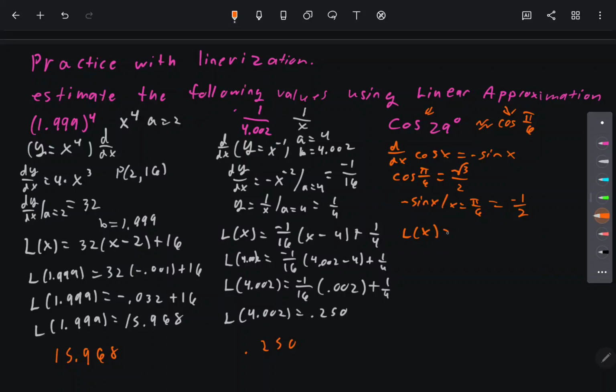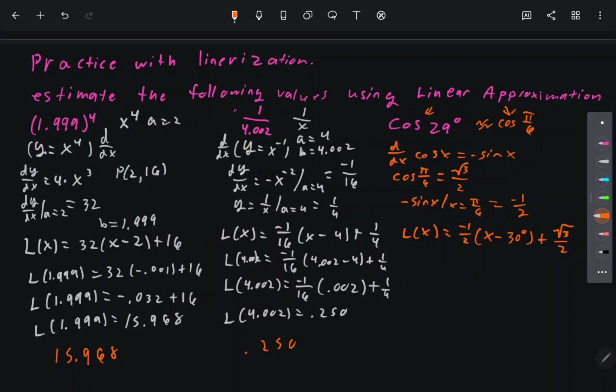So linearization of x is equal to negative 1/2 times x minus the value a, which is going to be 30 degrees, plus the square root of 3 over 2.